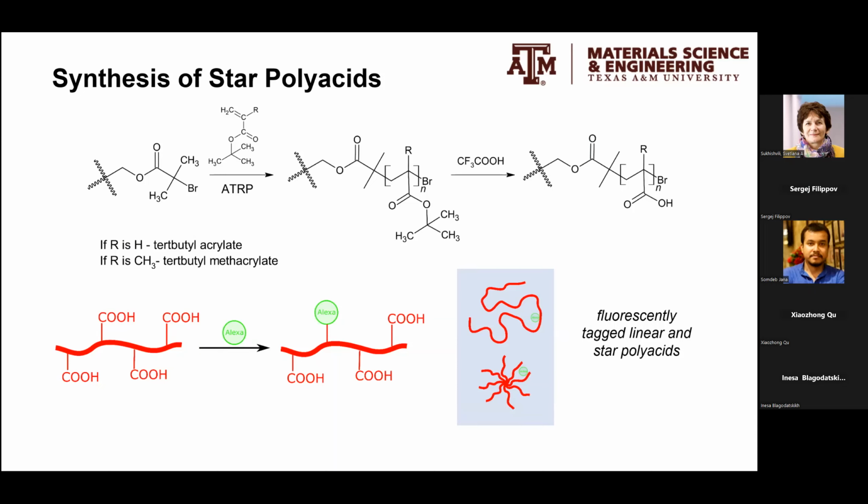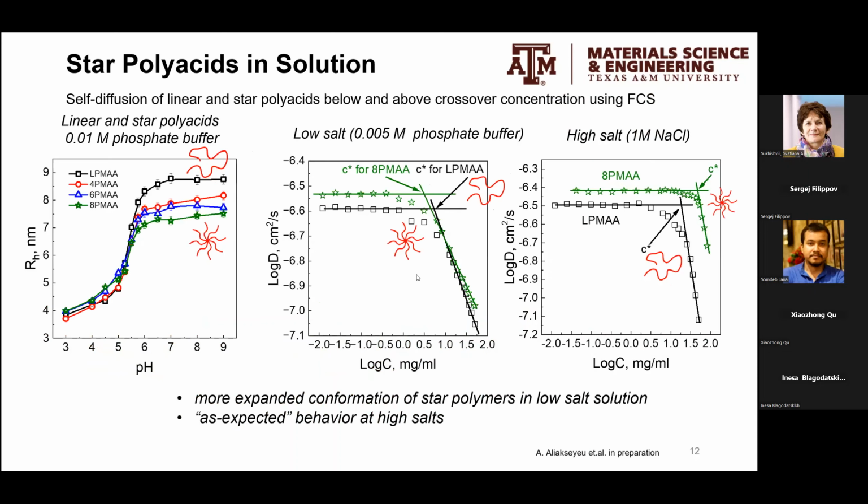It's very convenient to covalently tag it with a bright fluorescent dye, Alexa, and follow with fluorescence correlation spectroscopy and other fluorescent techniques we have in our group. So again, we have a series of linear and star polymers with exactly matched molecular weight, but varied architecture. But now these molecules are weak acids with fluorescent tags.